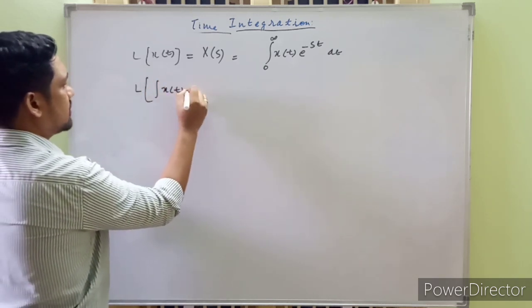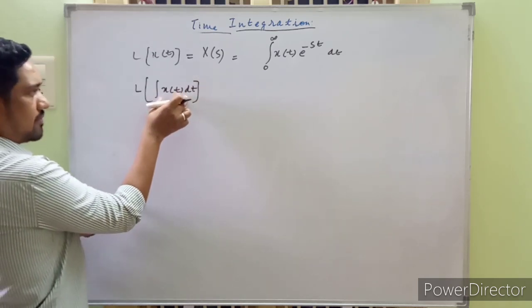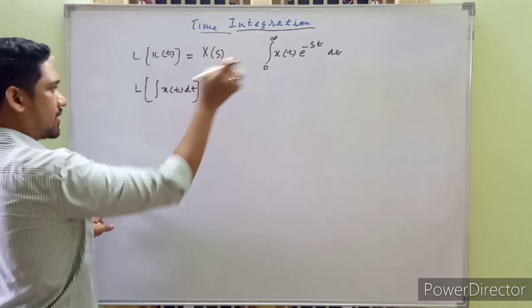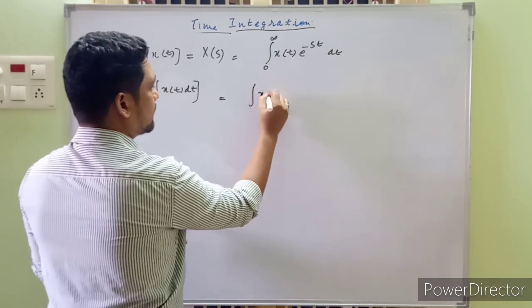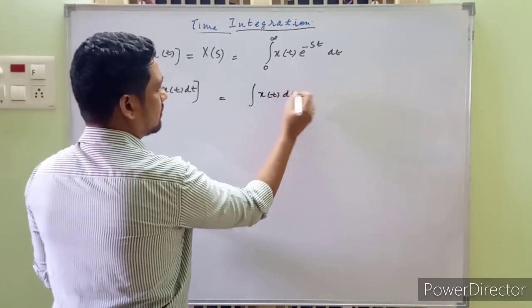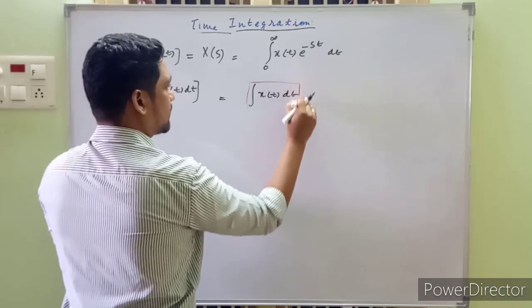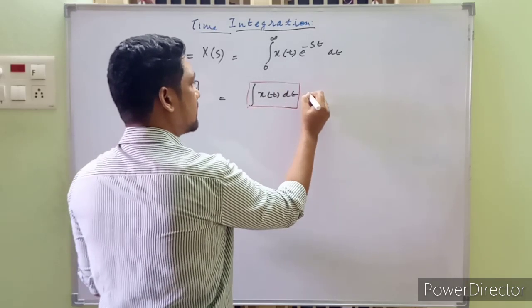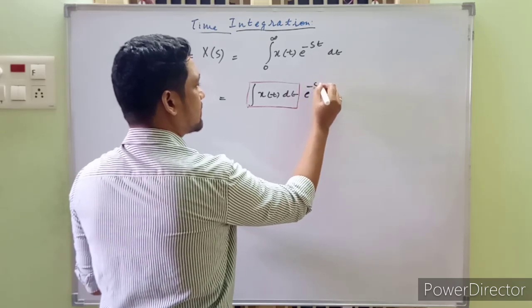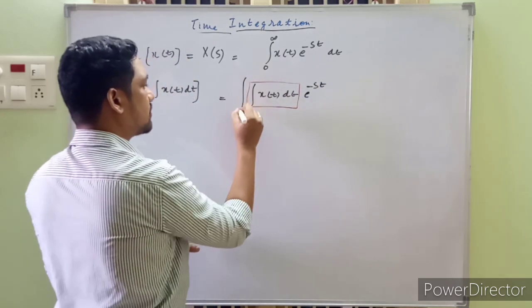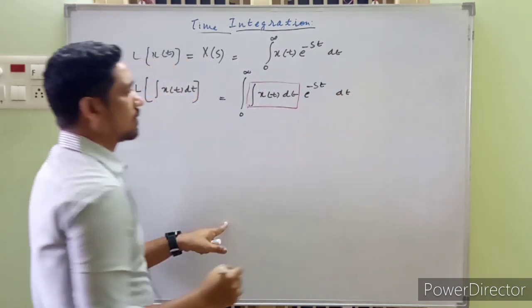So going ahead, if this is the case, what will be the Laplace transform of the integral of x of t dt? This is the given function, and this function is multiplied with e raised to minus st and integrated from 0 to infinity with respect to t, right?